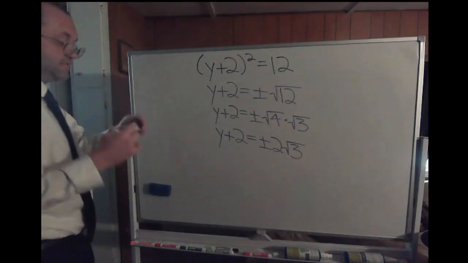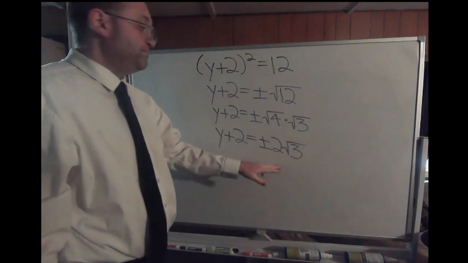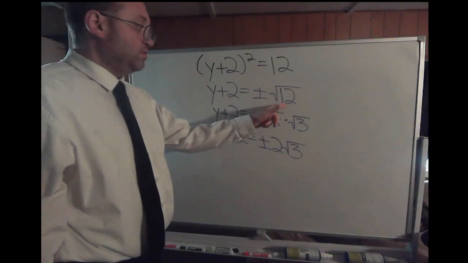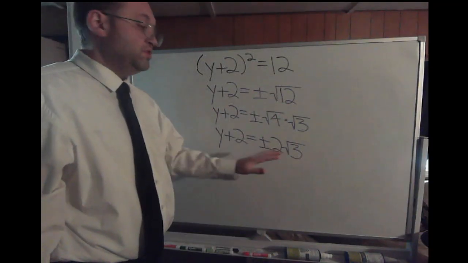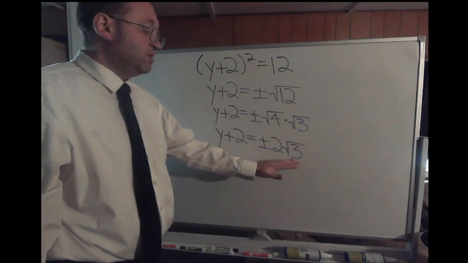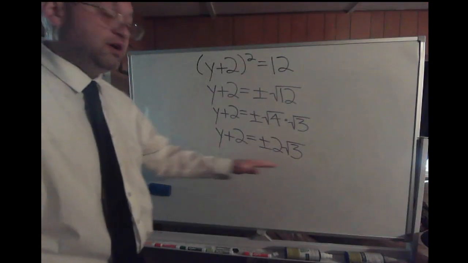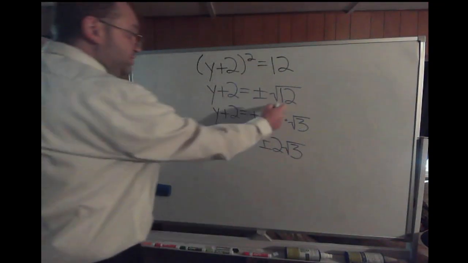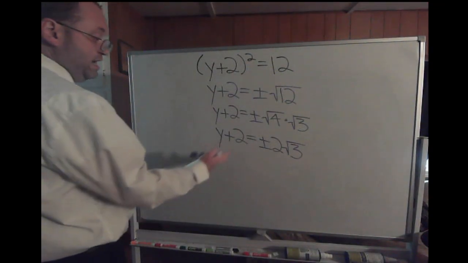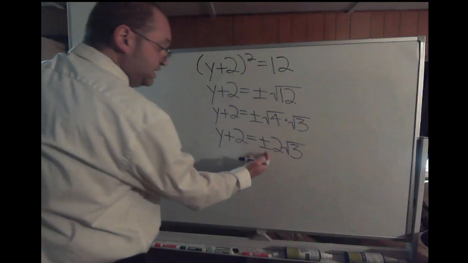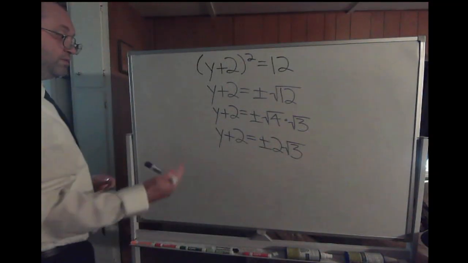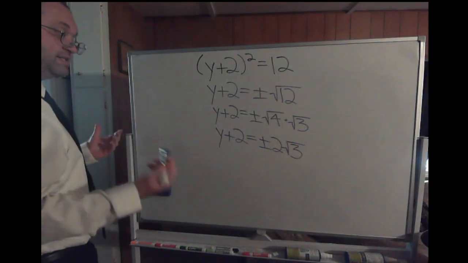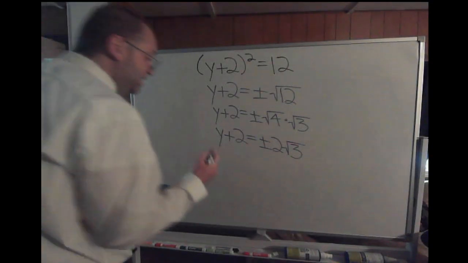You always want to have this in simplest form. It's improper to leave it as the square root of 12. You want to put the square root in simplest form whenever you can, as we did with the square root of 12. So now we have y plus 2 equals plus or minus 2 times the square root of 3. Now we just need to get y by itself, so you subtract 2 from both sides.